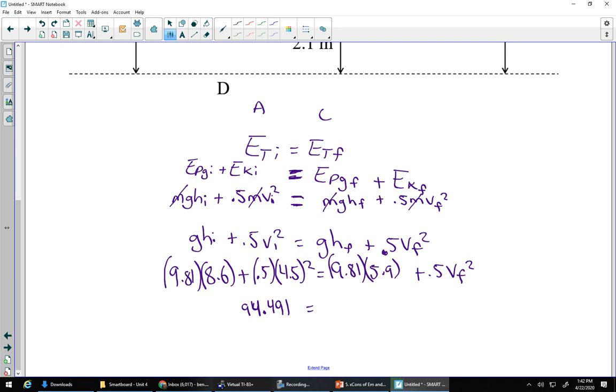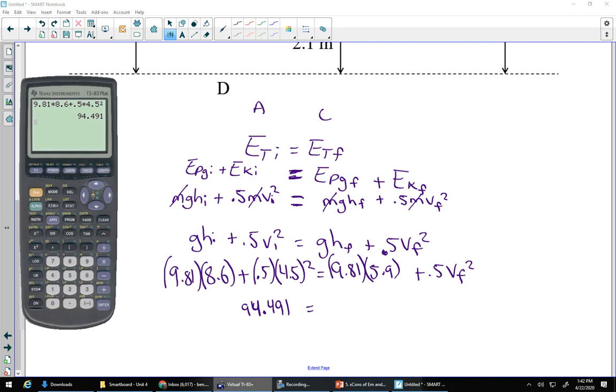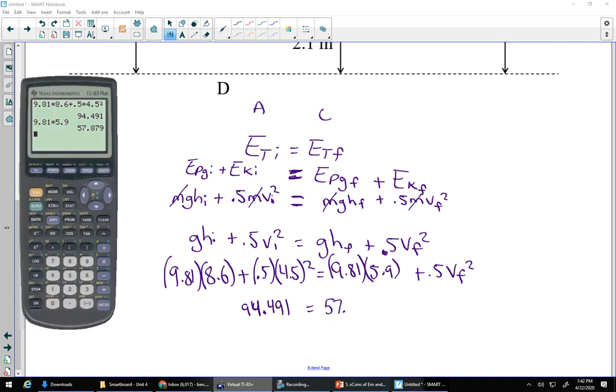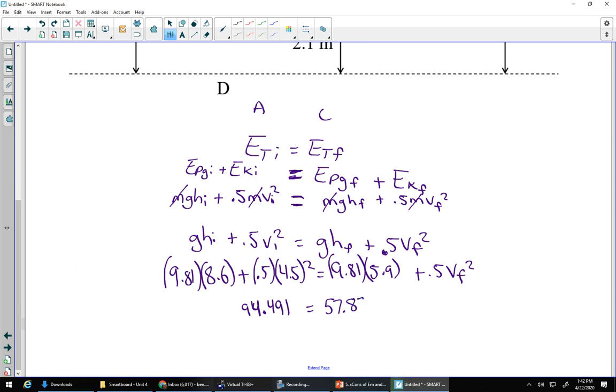And then on the other side, let's start to simplify this a little bit. 9.81 times 5.9. So 57.879, plus, because I haven't done anything with the 0.5 VF squared yet, so plus 0.5 VF squared.